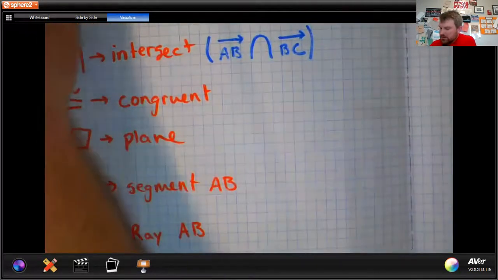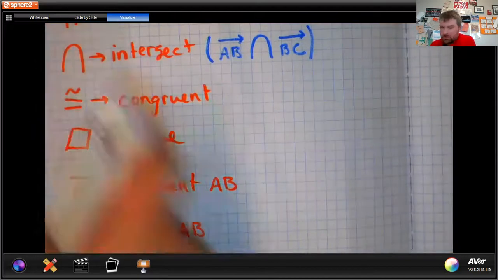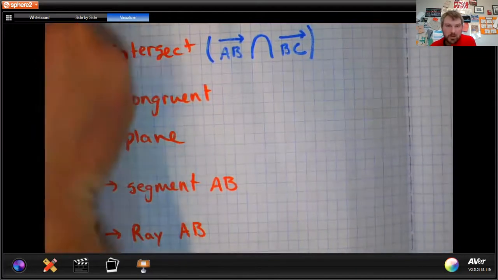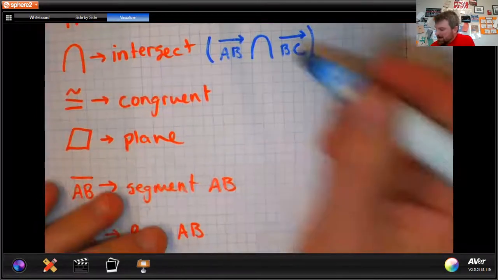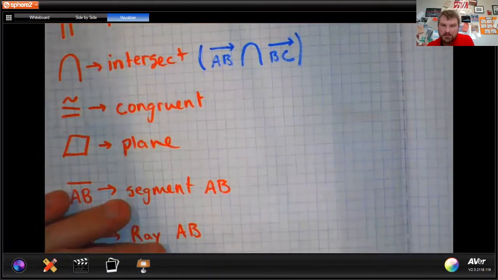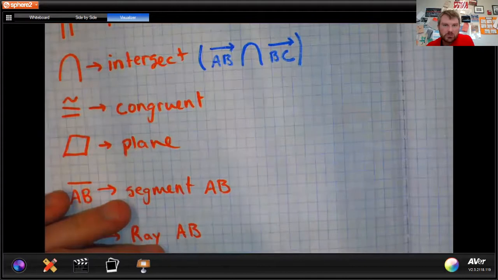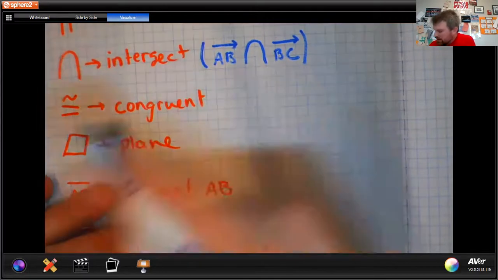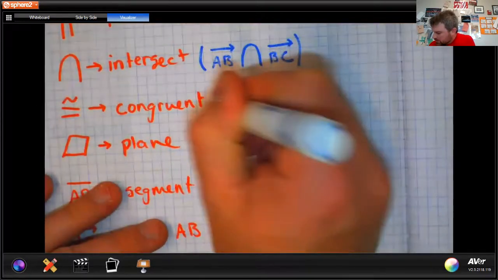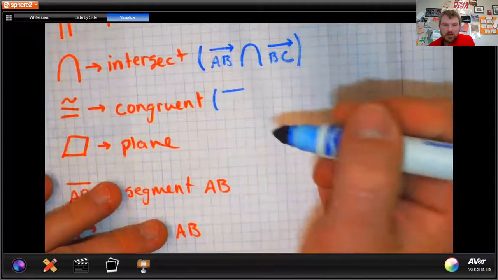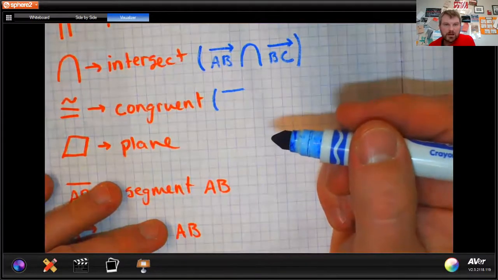Congruent. Things that are going to be congruent will only be things that can be measured, okay? I can't measure how long a line is, so it can't be congruent to another line. I can't measure a ray, so two rays cannot be congruent. So as of right now, the only thing I can measure is something that has a starting and a stopping point, which is a line segment.